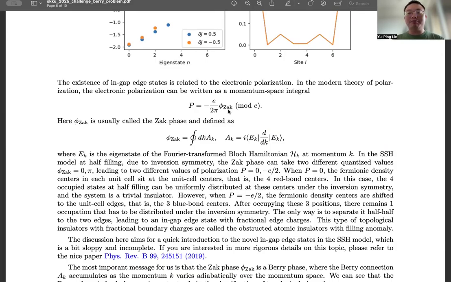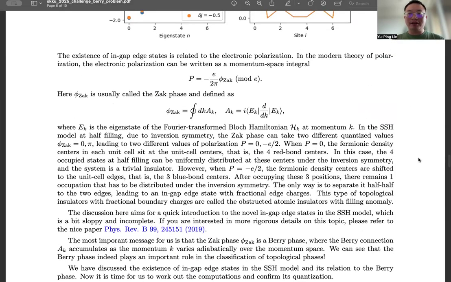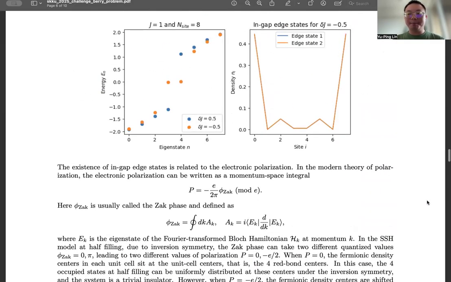That is, we take the momentum as the adiabatic parameter, and we compute the Berry phase when we vary the momentum within the momentum space. So questions 1 and 2 are to explore the Berry phase of the SSH model in the momentum space and see if we can get quantized Berry phases that correspond to different phases in the SSH model.